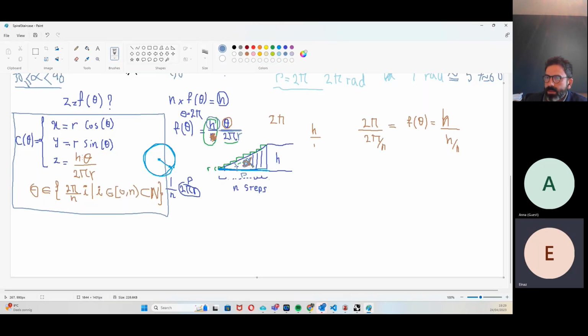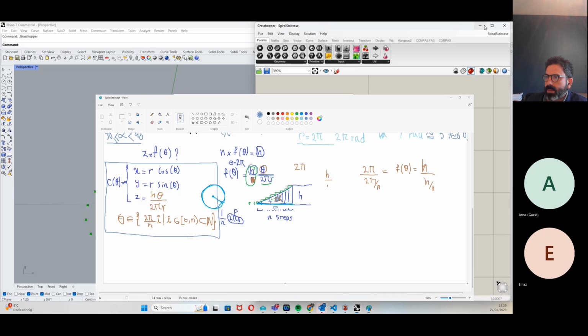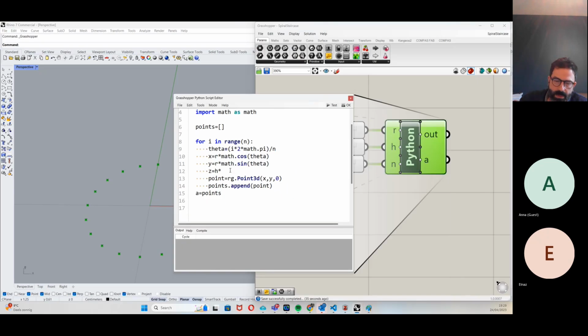No, h times theta divided by 2 times math dot pi times r.